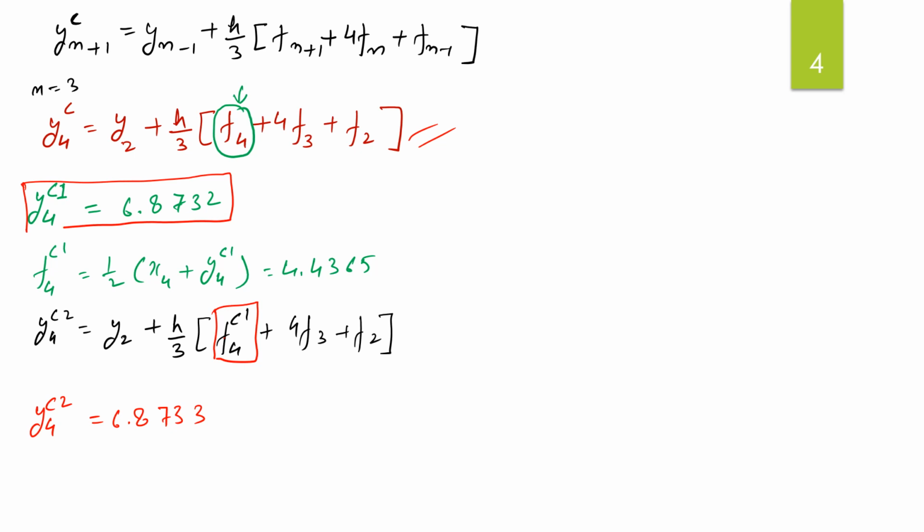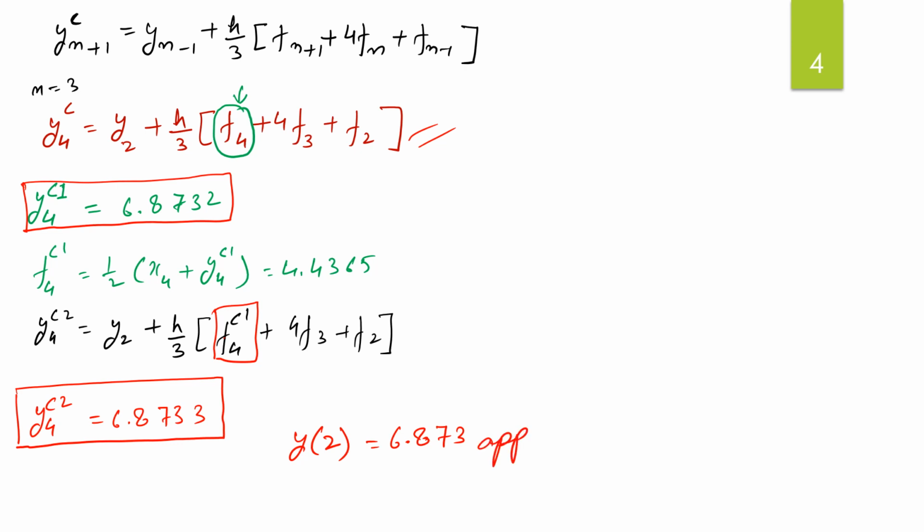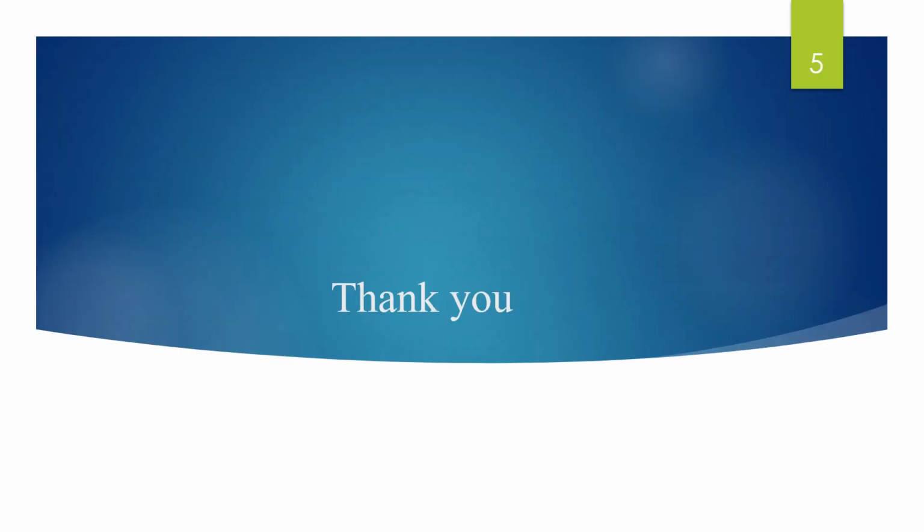By comparing these values, we can see that up to 3 decimal places the values are repeated. So up to 3 decimal places the value of y when x is 2 is 6.873. This is the approximate value, so this is the solution. We can use the corrected value repeatedly to increase the accuracy in the decimal places. Thank you.